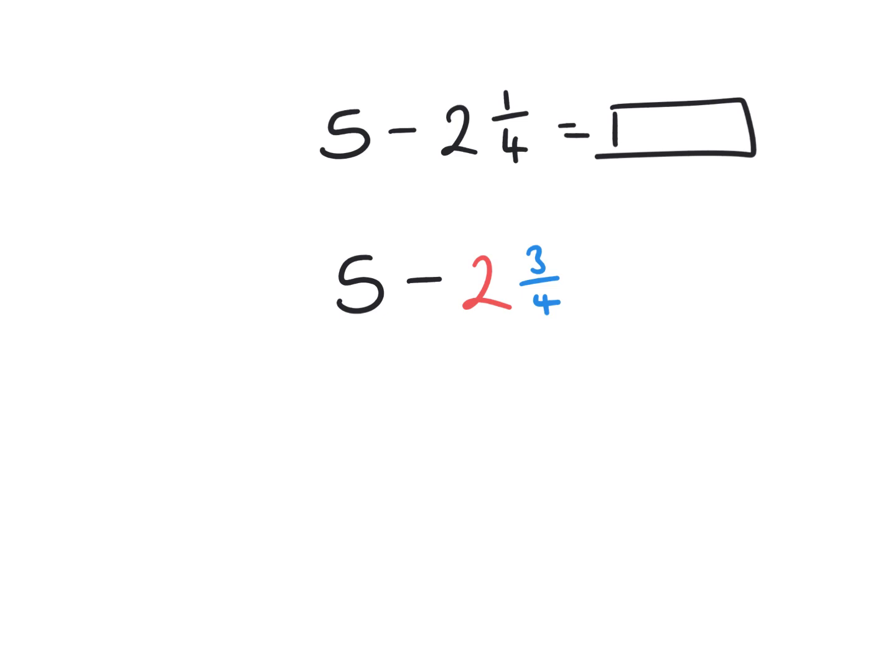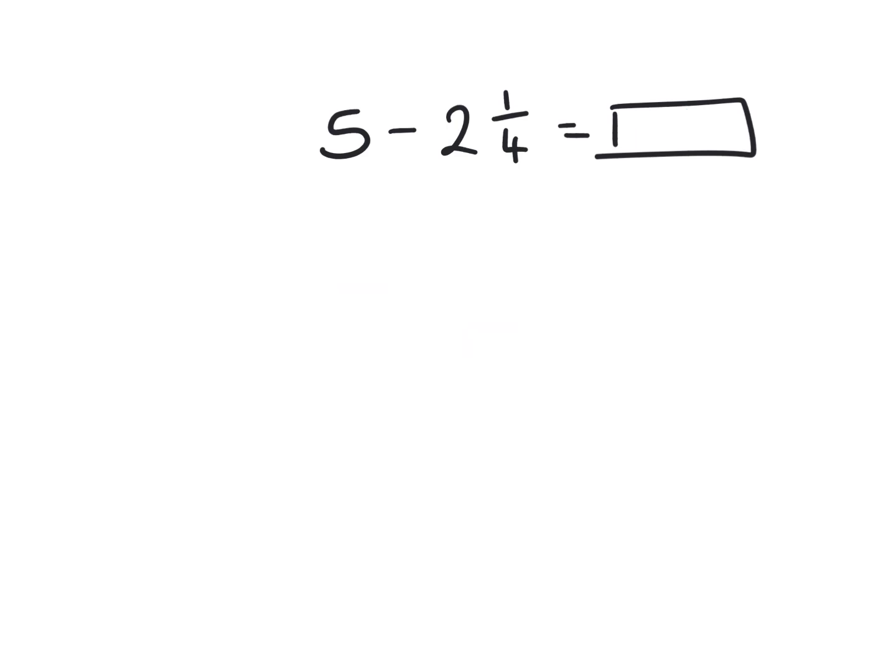So the first part, we can do 5 subtract 2 gives us 3. And then we could take away the 3/4 away from our 3. Okay, which becomes 2 1/4.